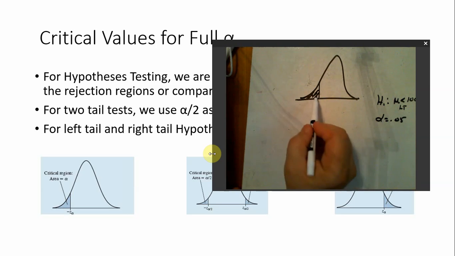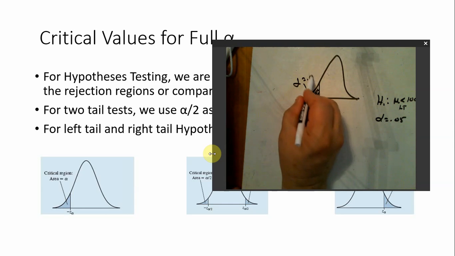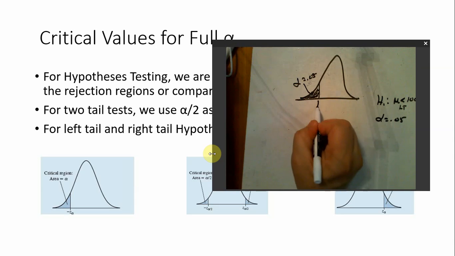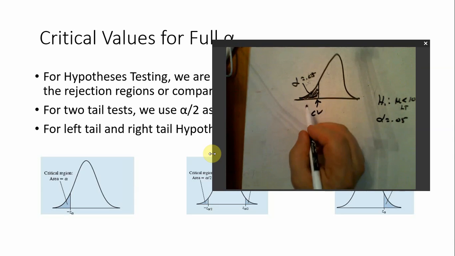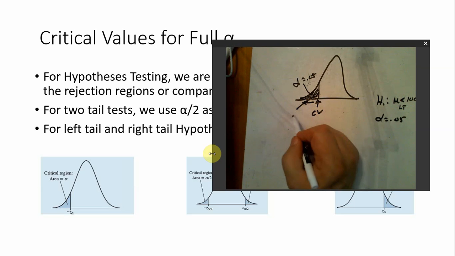So here the full alpha for a single tail, that area in there, is going to be 0.05. If I was going to do the two-tailed, then I need to split it by 2. And then I need to find that critical value that separates anything to the left of here. That's the rejection region.